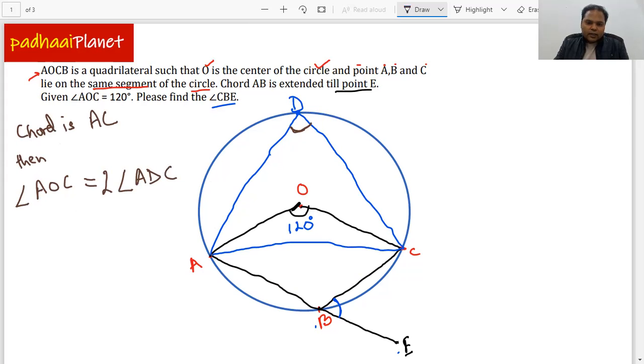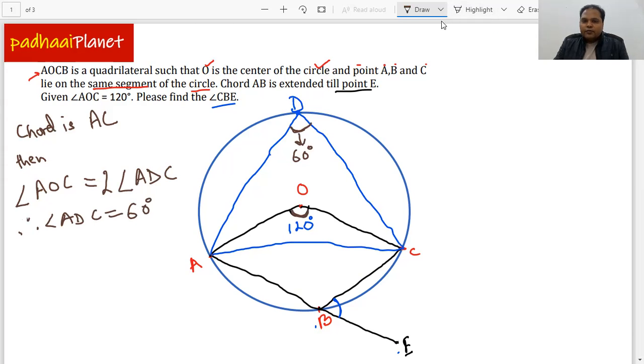So this angle is always double this particular angle, and hence we can say that this is 60 degrees. Therefore, angle ADC is equal to 60 degrees.